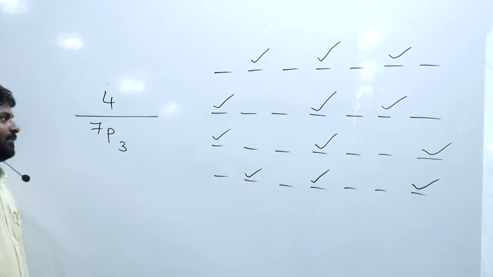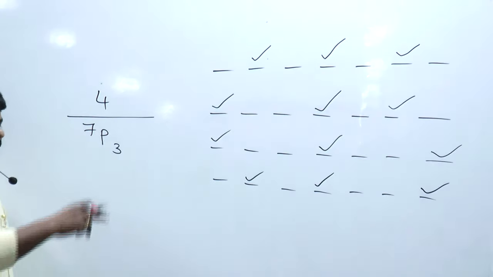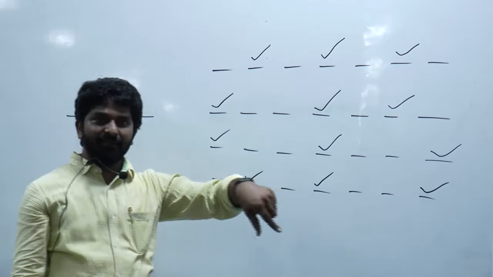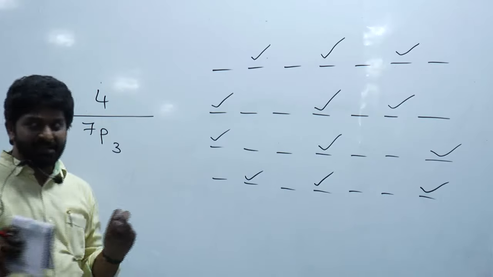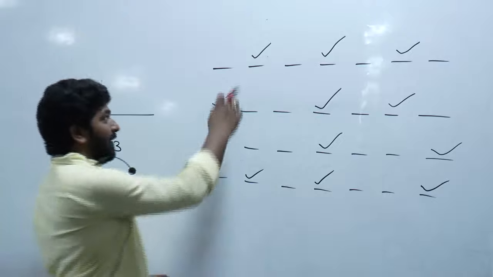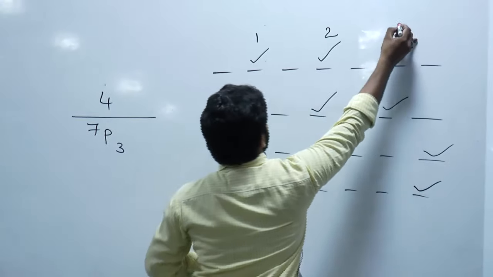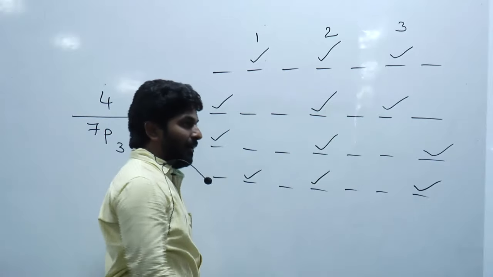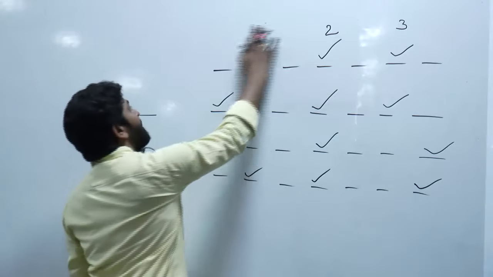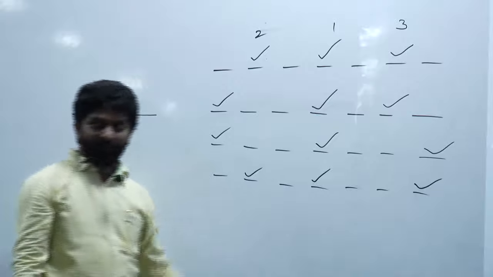And again, these are cases only, but still you can rearrange persons, right? Now we have just discussed the place, not the person. In this case, the first person can sit here, the second person can sit here, the third person can sit here. But I can rearrange these 3 persons in these 3 places, right? Like the second person will sit here, the first person will occupy this place, the third person will occupy that place.